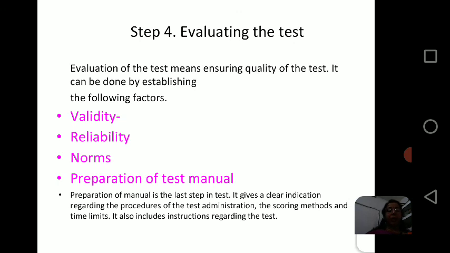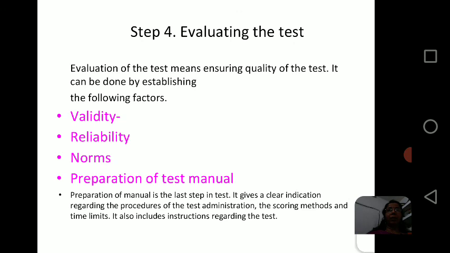I have mentioned that the standardized test has uniform scoring, administration and interpretation procedures. So the manual of these procedures has to be written in the standardized test, because the test constructors are experts and they are not the ones administering the test.